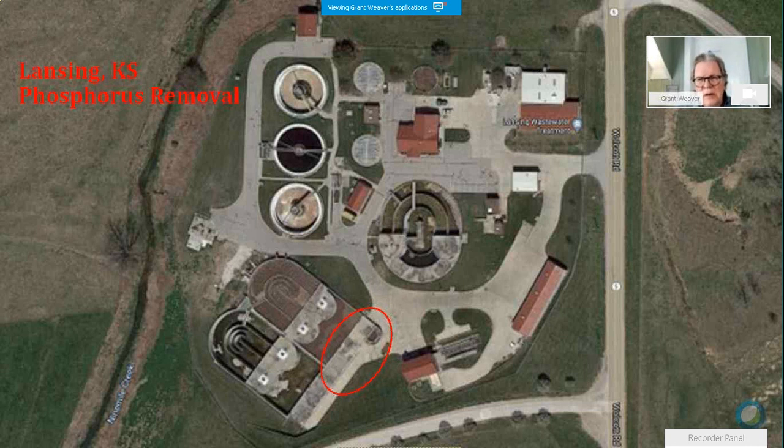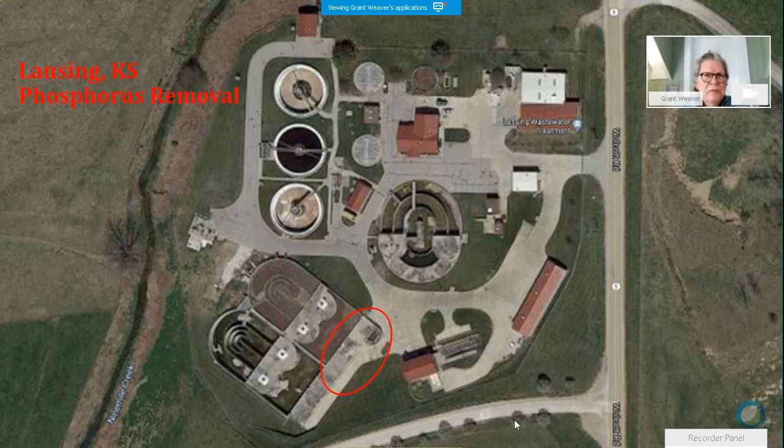And Lansing's problem was, Lansing is right next to a major state prison, and there was something going on at the prison where a lot of the prisoners were being kept elsewhere while they were doing some work at the main prison. So the flows were down, the loadings were down, and they were having a difficult time getting the anaerobic zone to operate as they wanted.